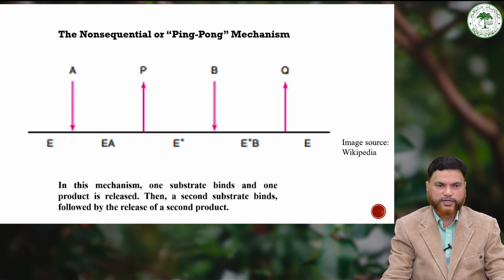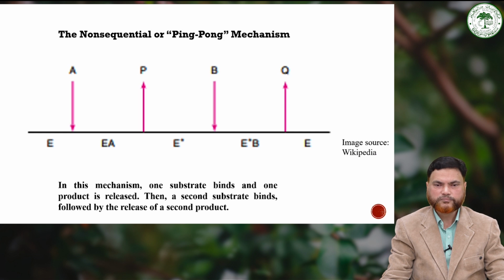The first substrate A binds to the enzyme and undergoes a reaction, resulting in the formation of a chemically modified form of E, along with the product.